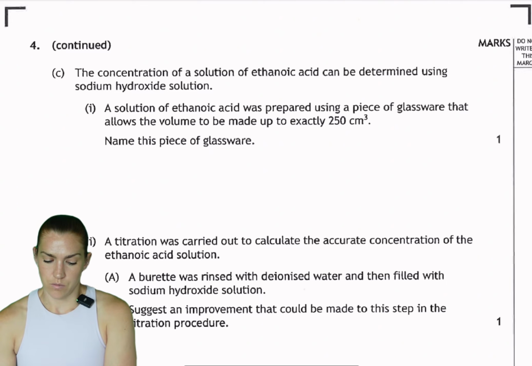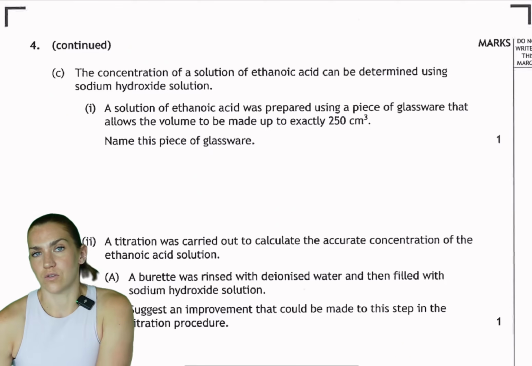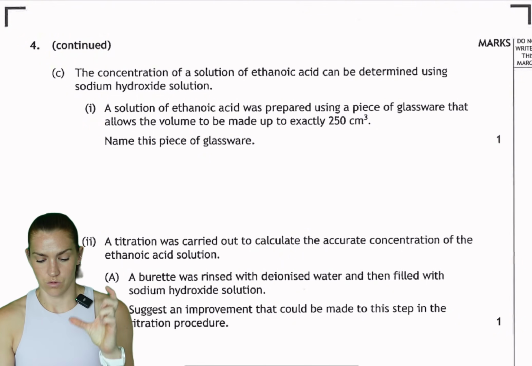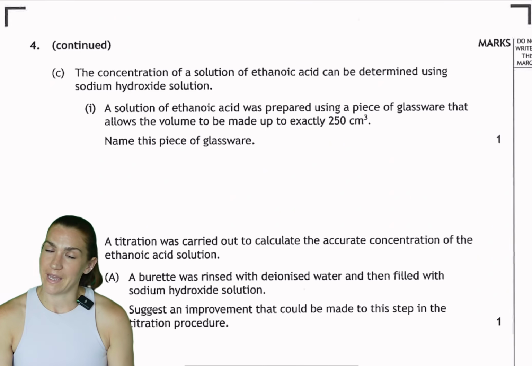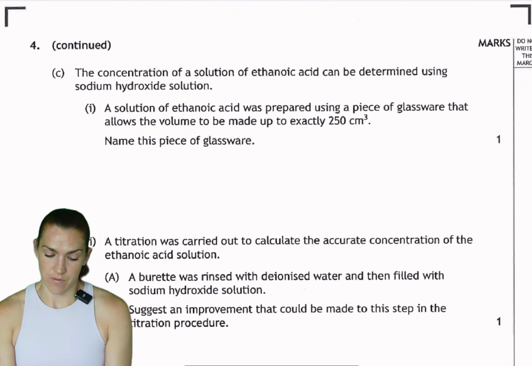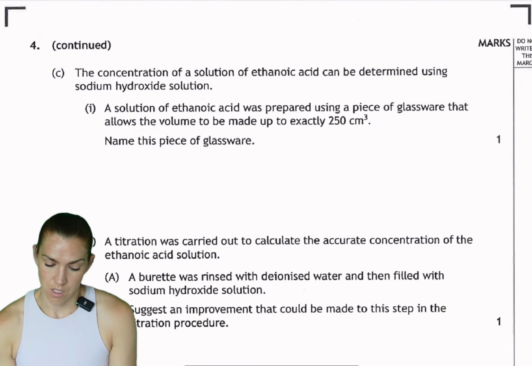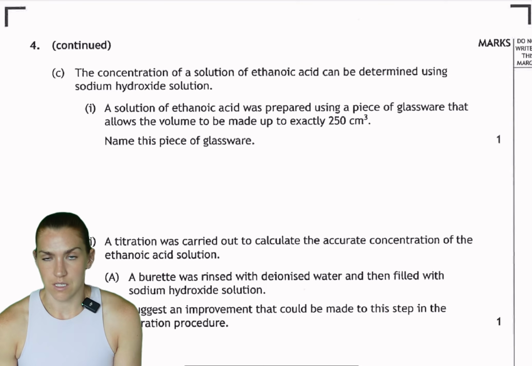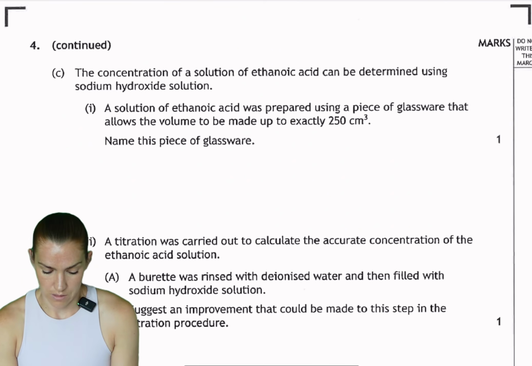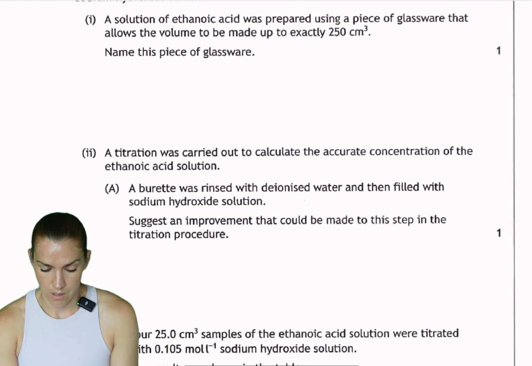So if you're preparing solutions, then you're usually using a volumetric flask or a standard flask to hold the solution. If you were measuring out volumes of the ethanoic acid to be made into solution, you'd probably use a pipette or potentially a burette, but for actually preparing the solution and making up a volume to 250 centimetres cubed, that would be the volumetric flask or the standard flask.